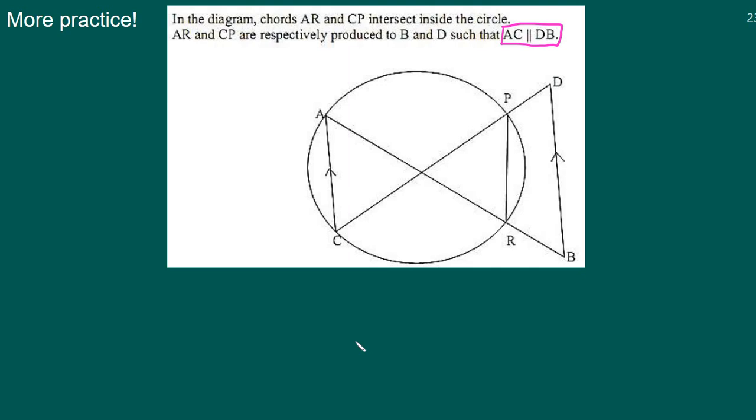So we have CAB is equal to DBA. This one here. Alternating angles. Great. So CAB, we use double lines. CAB is equal to DBA, alternating angles.